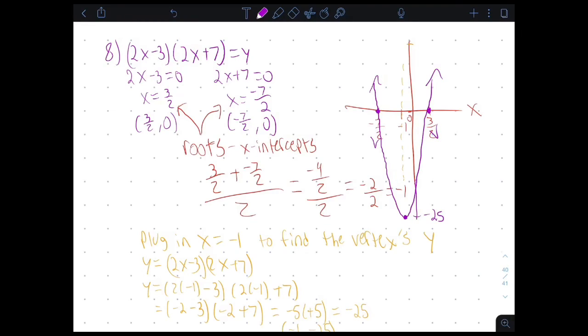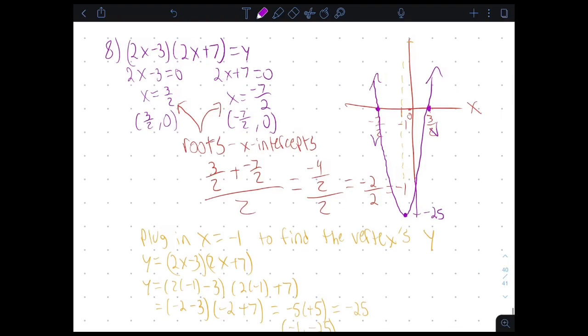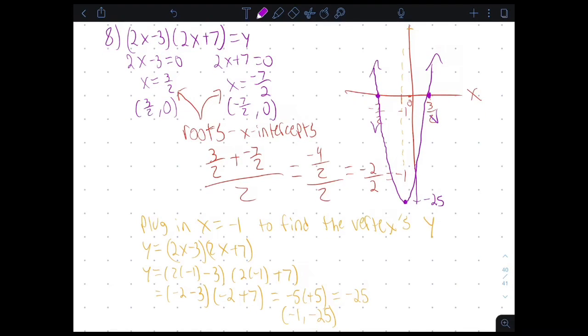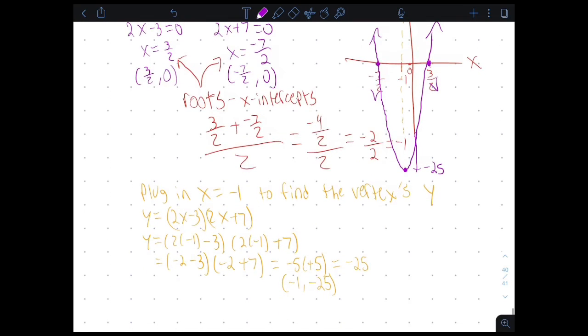It seems like we're doing a lot, but we solved for the roots, which takes no time at all. We solved for the roots for the first step. We found halfway between the roots for the second step. Then we plug in that halfway number. The halfway number was negative 1.